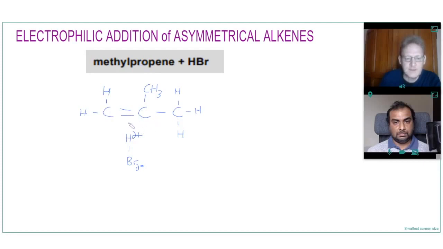And it will accept a pair of electrons from the double bond. And therefore, the hydrogen bromide bond electrons can go to the bromine.